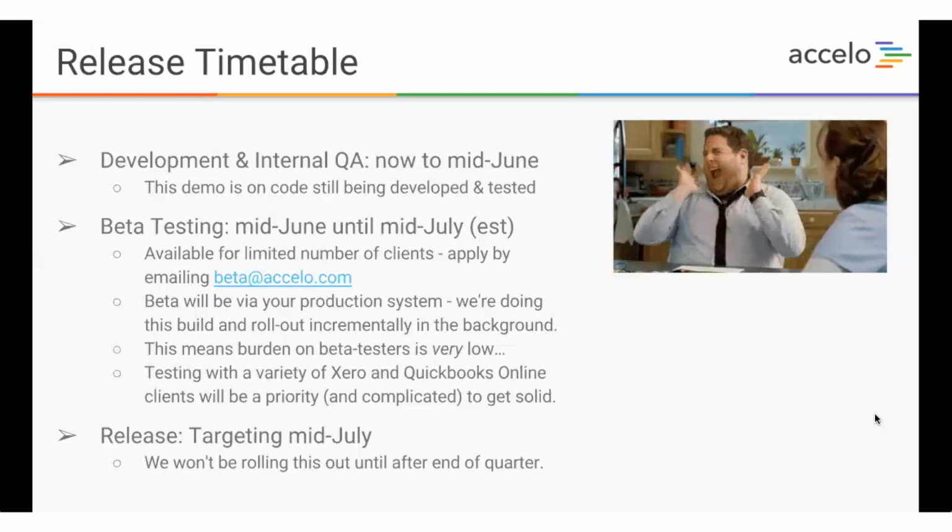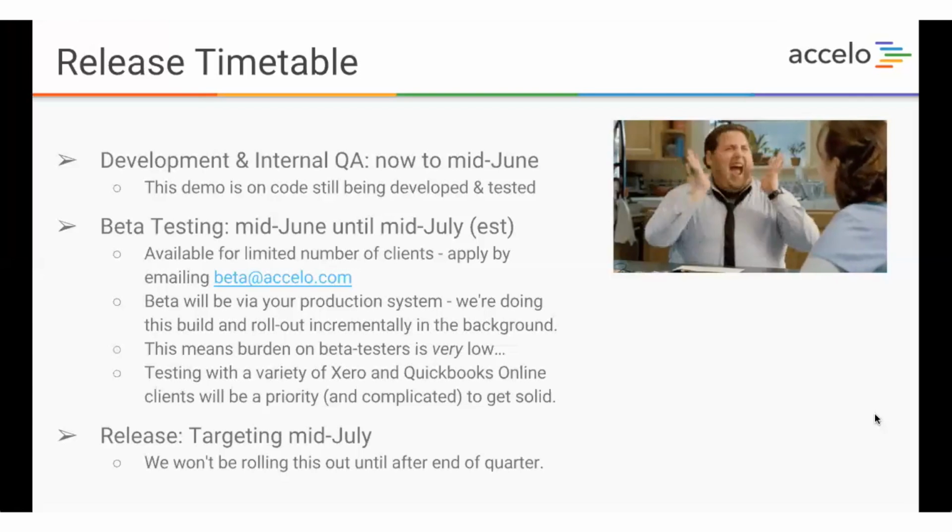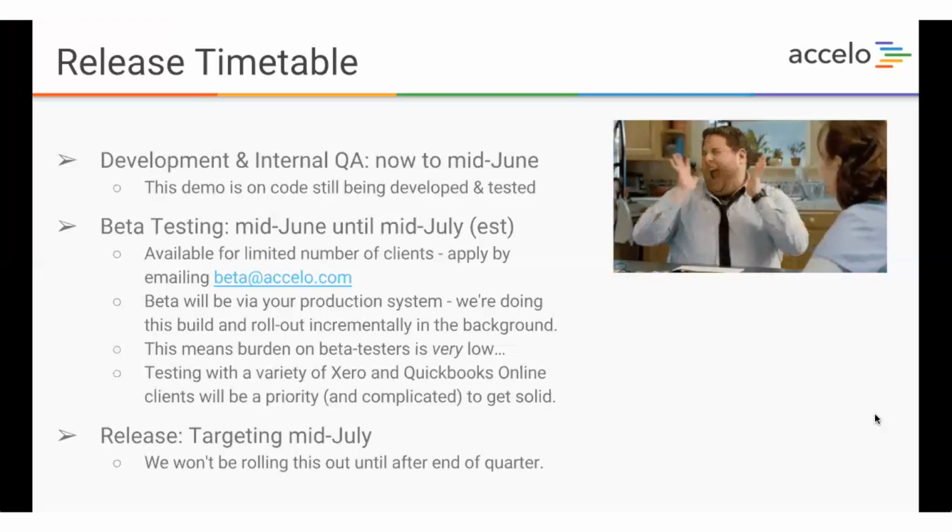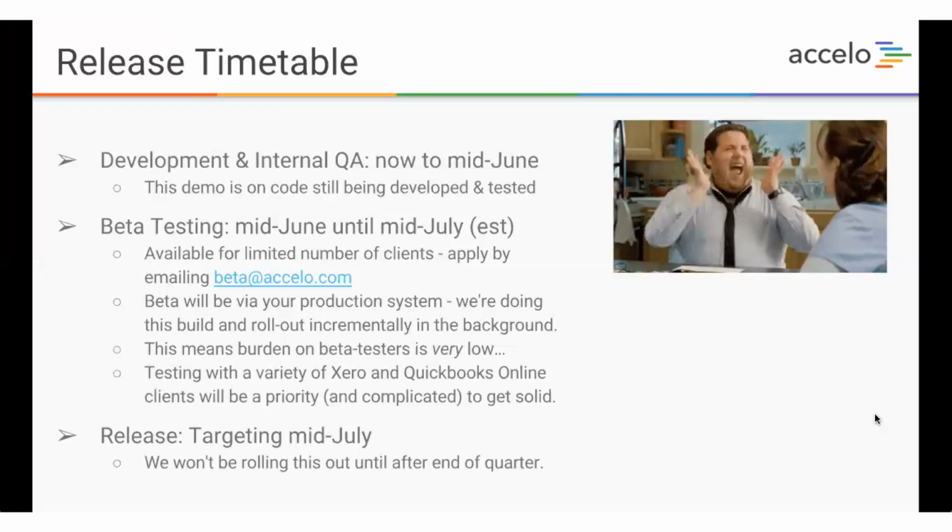But what we're doing with this upgrade is building and rolling out this functionality incrementally in the background to production as it passes our QA processes. Now it's all hidden away, but what that means is that once it gets turned on for your account in the beta, you'll actually be able to use this stuff in your mainline work and not have more of a burden on actually beta testing this.